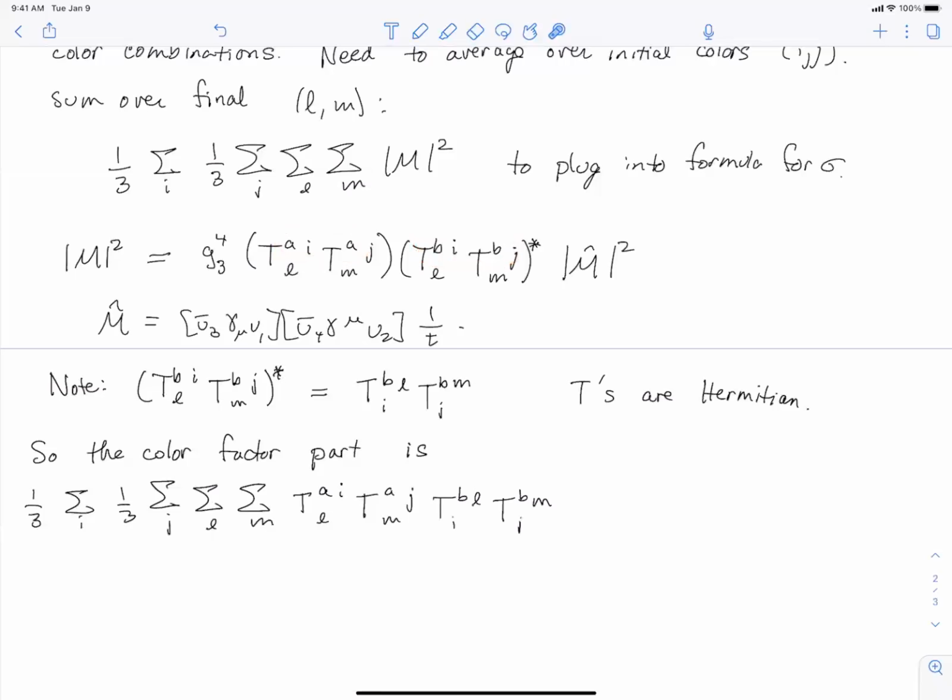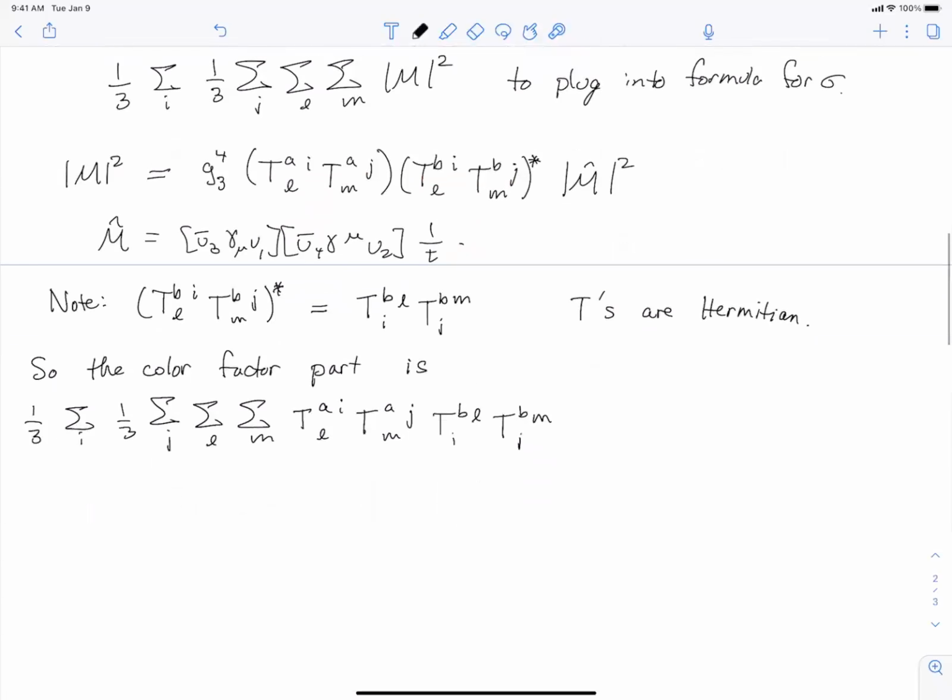Okay, now we stare at this for a little while and see how the color factor indices are tied up. We notice we've got Li, and then here we've got iL. So together that makes a trace of this T^A and this T^B. And the same thing here, we've got T^A_{Mj} and then we've got jm.